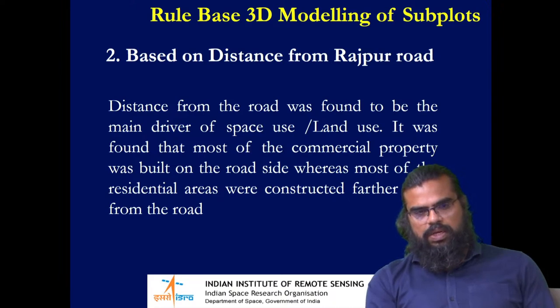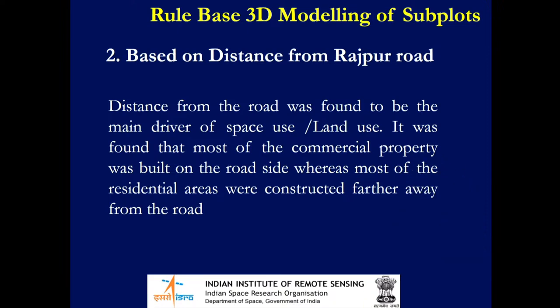The second is basically distances, that is, what are the current policies which say how far from a particular road we can build or go for a particular land use, and what are the different governing rules.